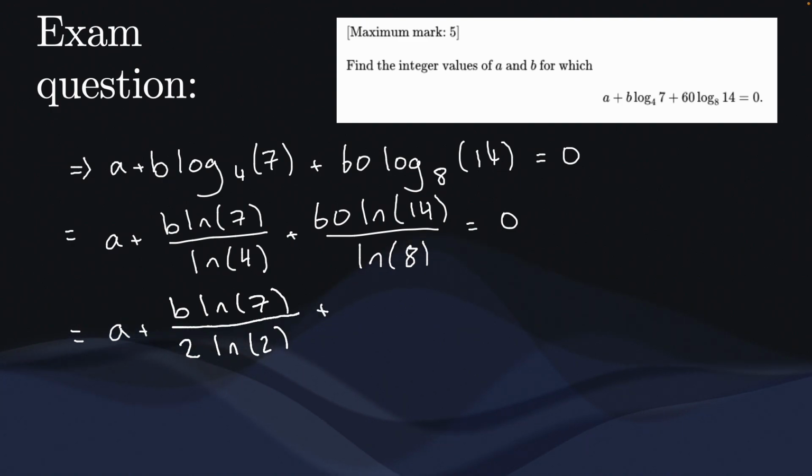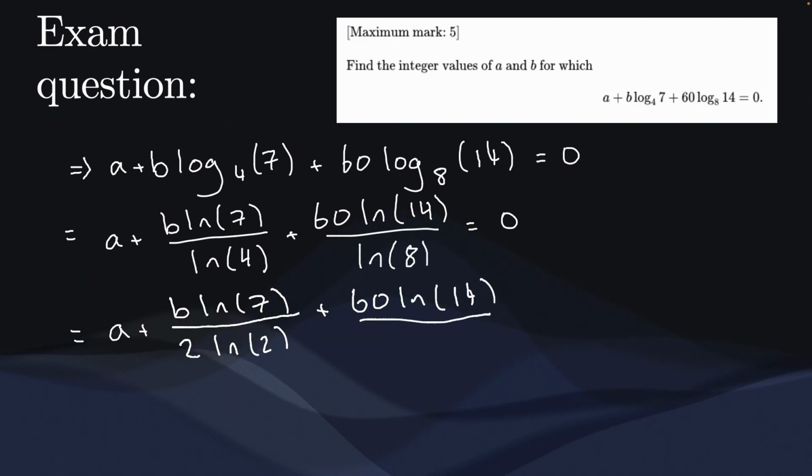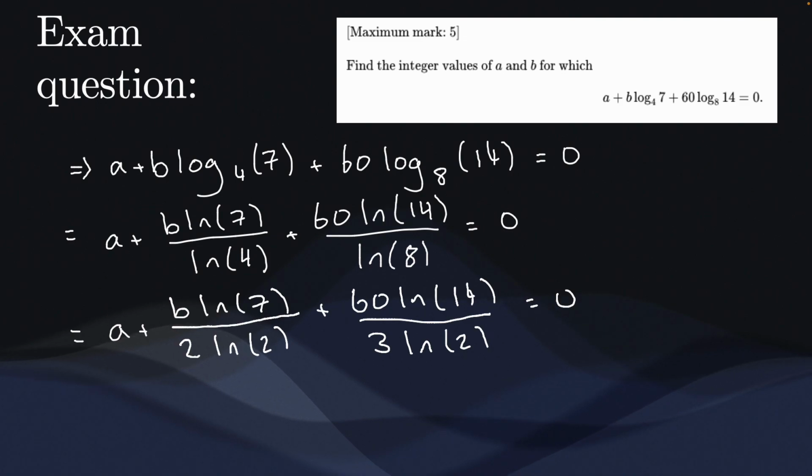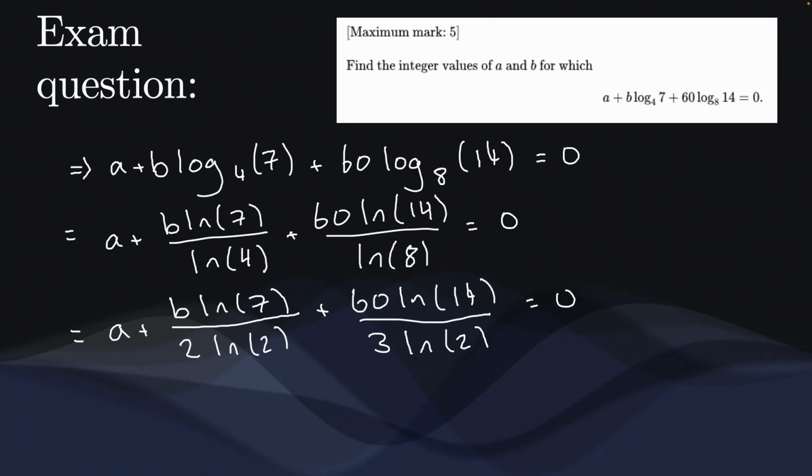And then the same thing, 60 plus 60 ln of 14 divided by 3 times ln of 2 is equal to 0. I'm going to move on to the next page in a minute because it seems that every time I keep writing down on the page, it turns off my thing. But essentially that's what we have, and I'm going to write that out on the next page. So we have (a plus b) ln 7 over 2 ln 2.